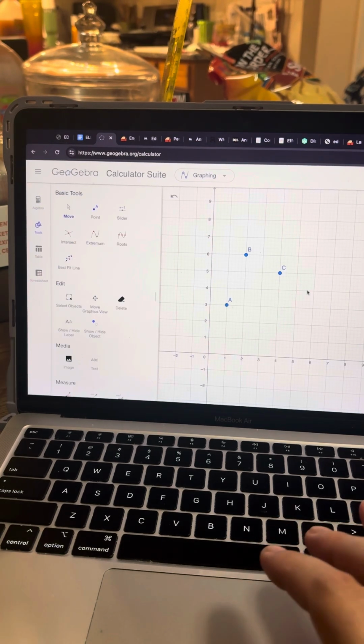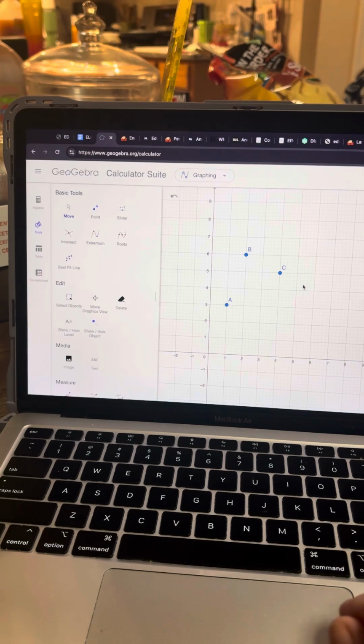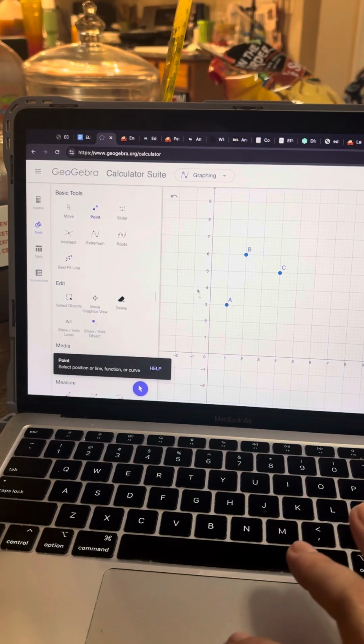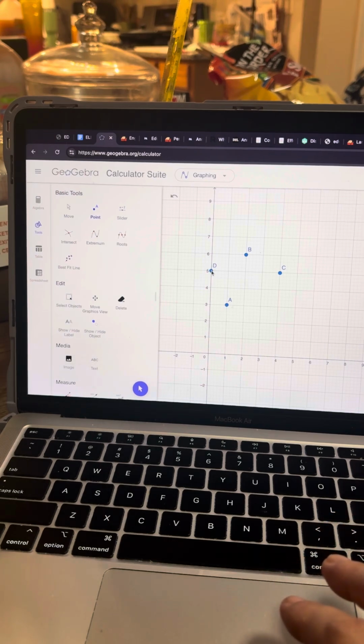Number 1. I put these 3 points on and I'm supposed to find 3 other answers such that a parallelogram is formed. The first answer I found is 0, 5.